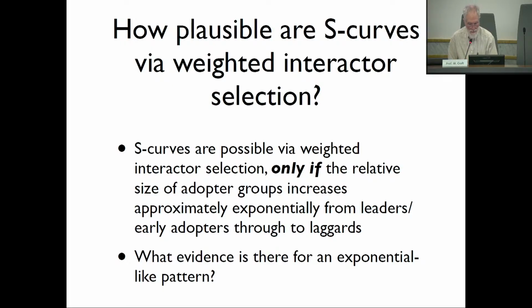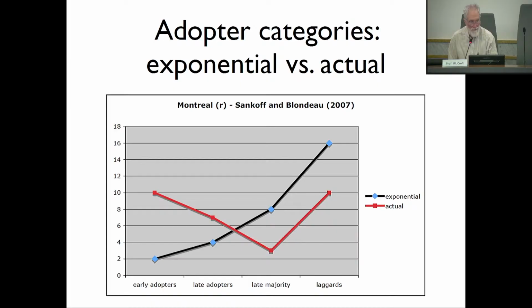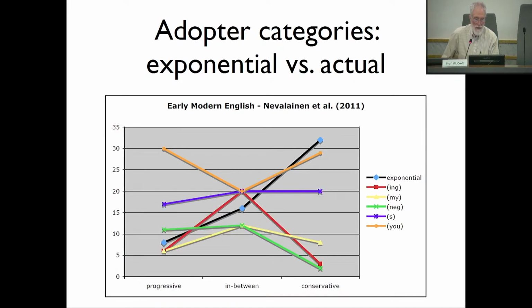So what evidence is there for that type of pattern? Doesn't look very good. When you have these observed cases, these are small samples of people who are tracked in language change, so same speakers over time. You can see that in the Sankoff and Blondeau study of the Montreal R variable, the exponential is that black line, rising towards the laggards, and the actual one actually declines until you get to the laggards. But it's a very small number of speakers, as you can see from the y-axis of the graph. For the work by Nevalainen et al., we're also dealing with a very small number of speakers.